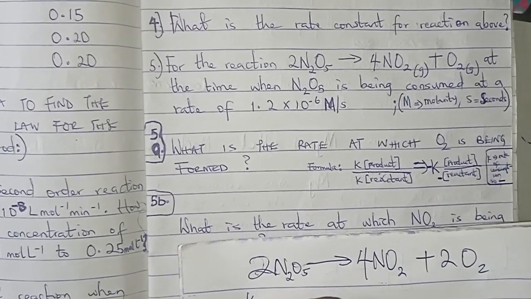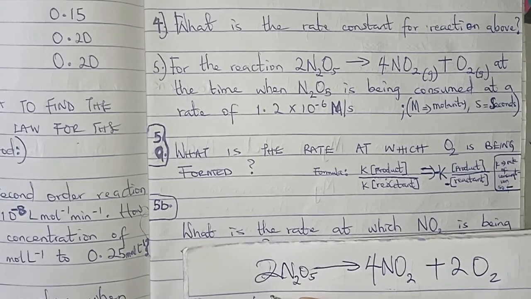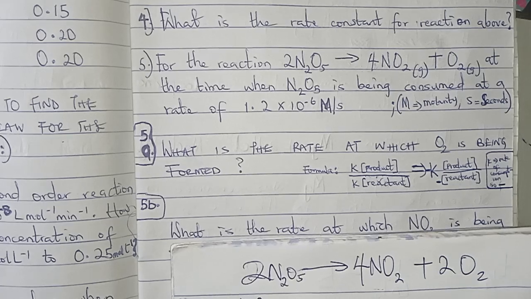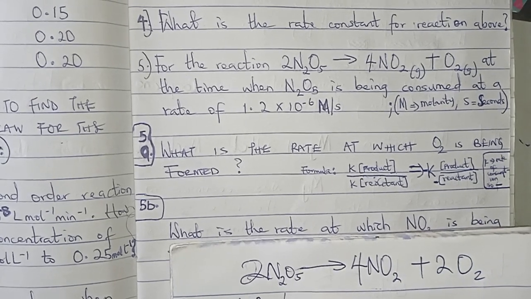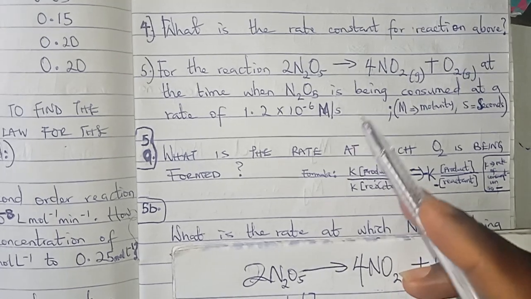Here they're talking about O2, K of products, and we use the coefficient.